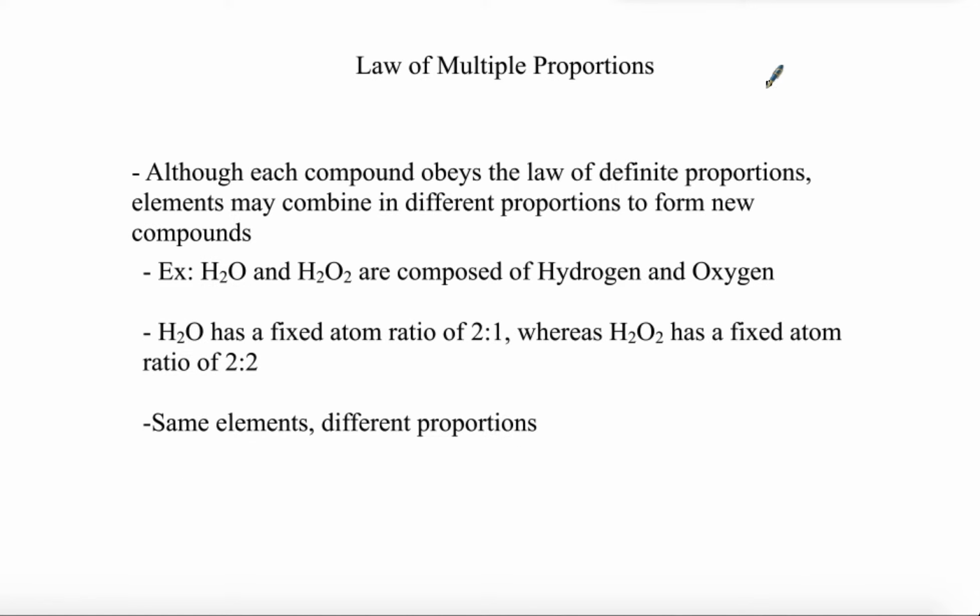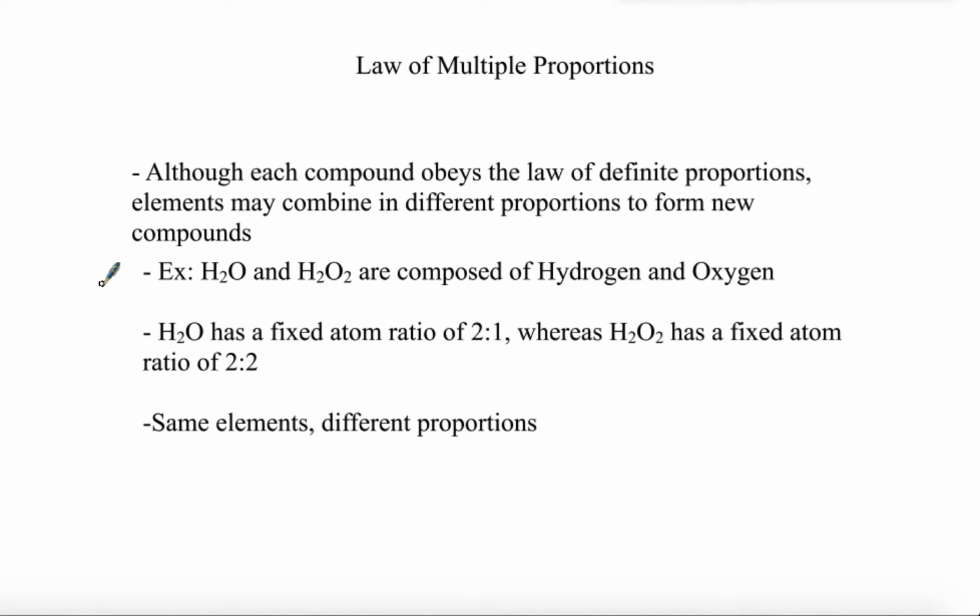The law of multiple proportions addresses exactly the reason that different compounds may have the same elements in them, but in different ratios to one another. Meaning, if I have the same elements, they don't always have to combine in the same exact way.